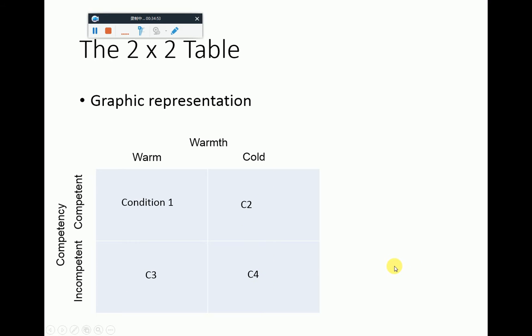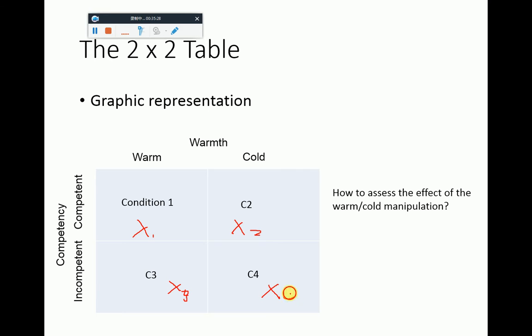incompetent. Okay, now here's my question. How do we assess the effect of the warm cold manipulation given this design? In other words, how do we know what scores are in each condition, right? We said that because we have multiple participants in each condition, we can easily calculate 4 averages from each of the 4 conditions.